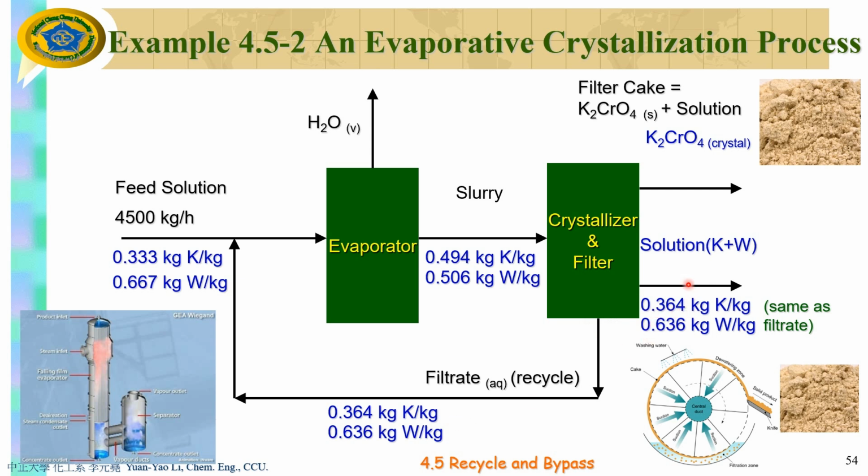Why? Because this is a saturated solution, and potassium chromate is saturated in this solution. So that's why the fraction in this stream is the same as the fraction in this stream.